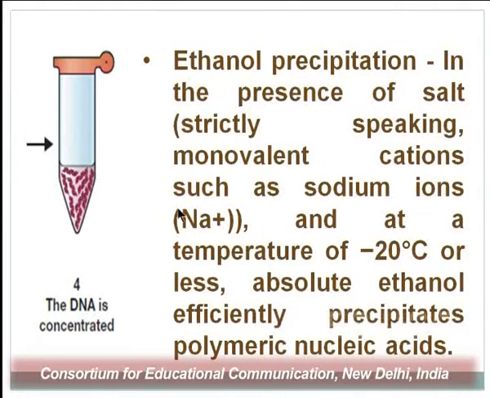So we add some sodium chloride solution to it, and then add 100% absolute alcohol and incubate it at minus 20 degrees Celsius for half an hour. After incubation at minus 20 degrees Celsius, absolute ethanol efficiently precipitates the polymeric nucleic acids.